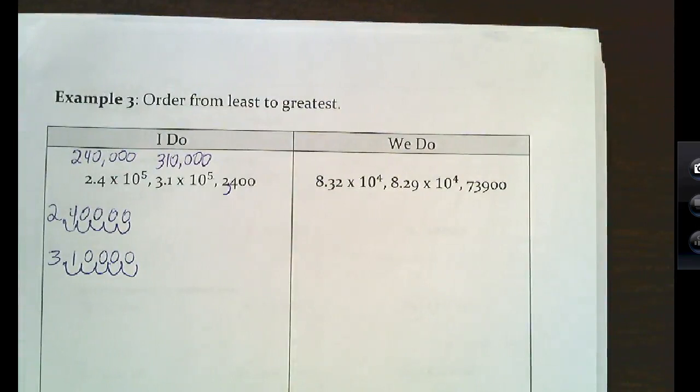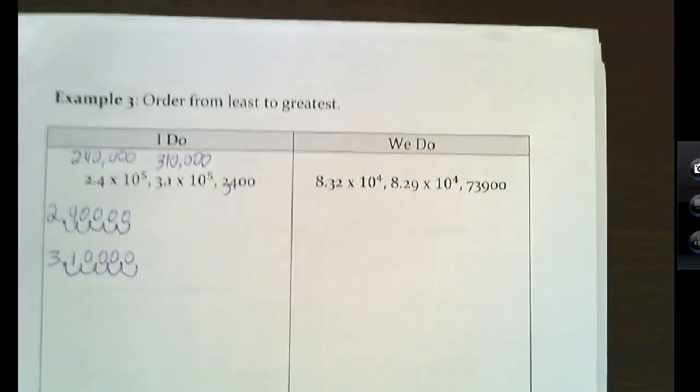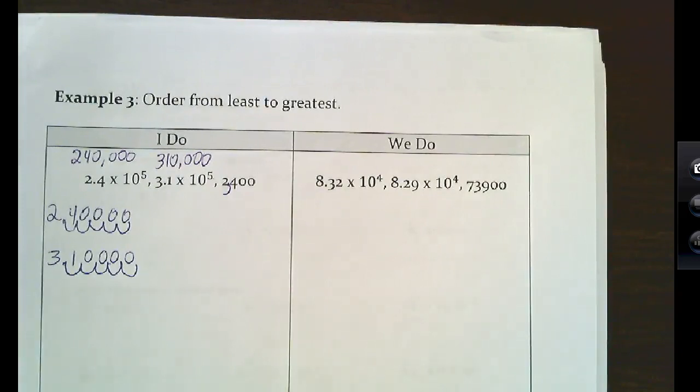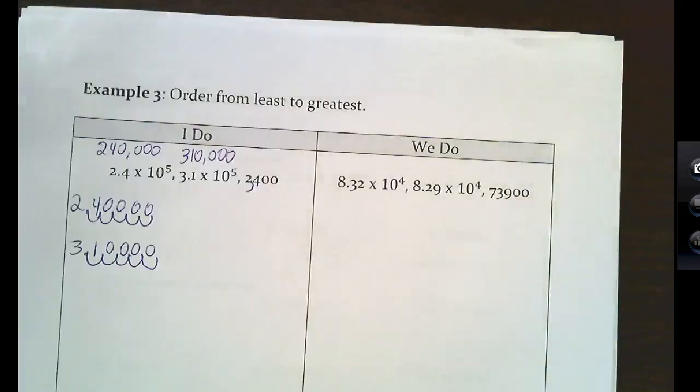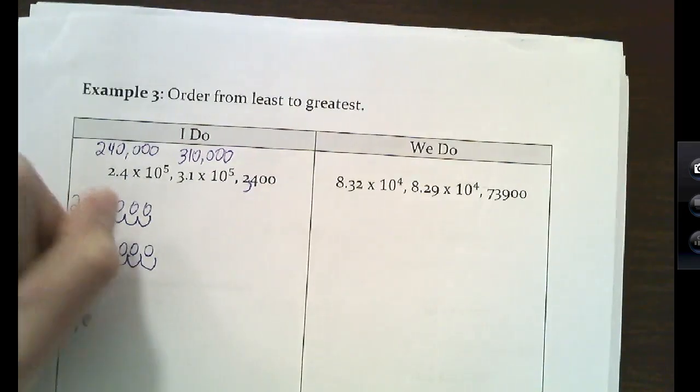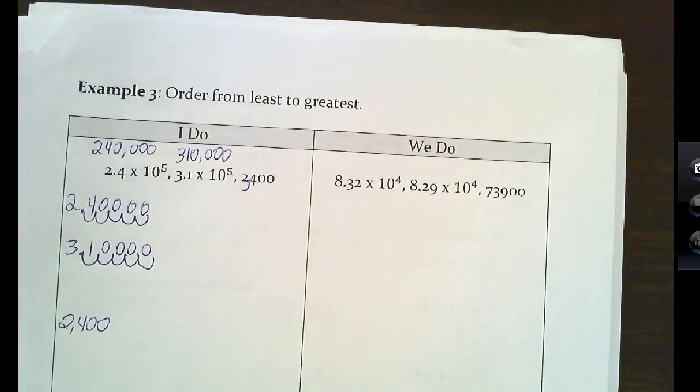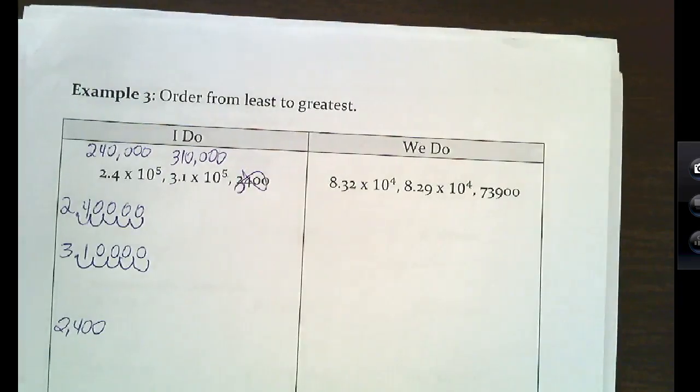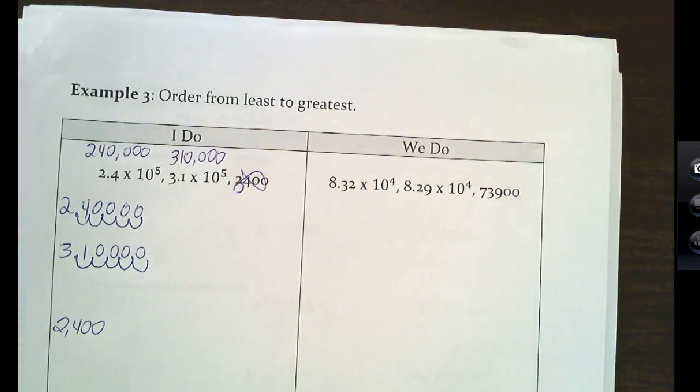So now we need to order these from least to greatest. We can totally do this. Who can raise their hand and tell me my smallest number? Of those 3 numbers that I've written, which is the absolute smallest? Go ahead. Good. 2,400. So I'm going to write 2,400. And then I'm going to cross that off because I already used it. After 2,400, who can raise their hand and tell me my next smallest number?